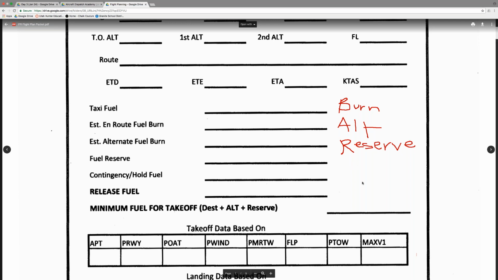Sorry. No, you're fine. So at SkyWest, the way we are going to plan our fuel, we're also going to add one more requirement to it.